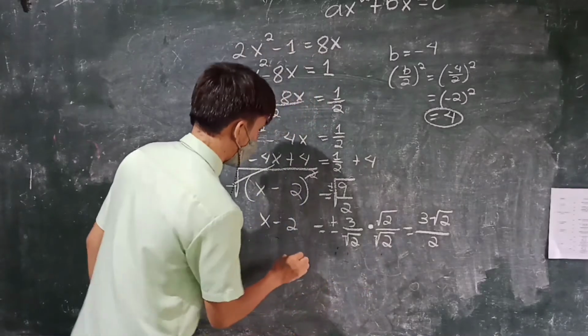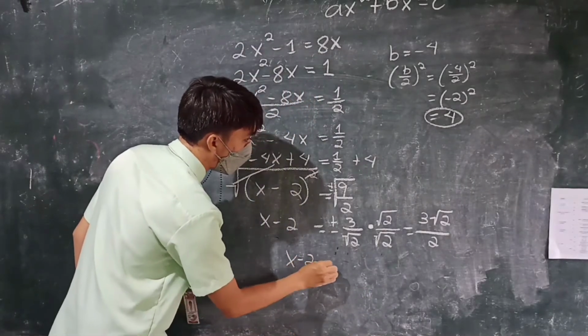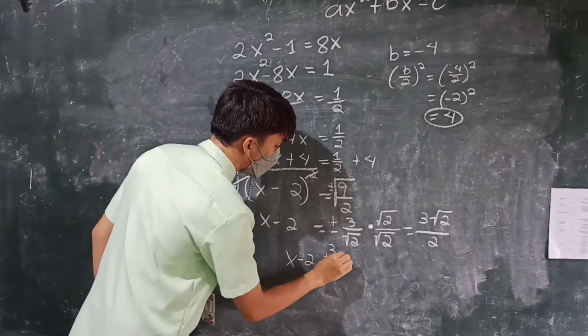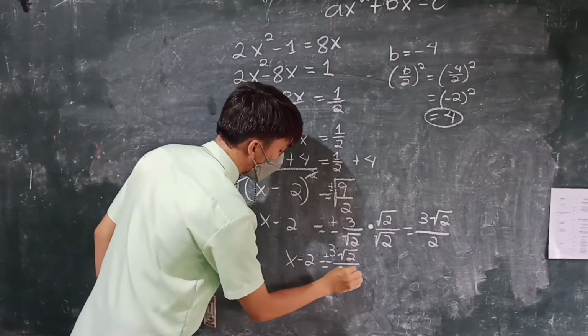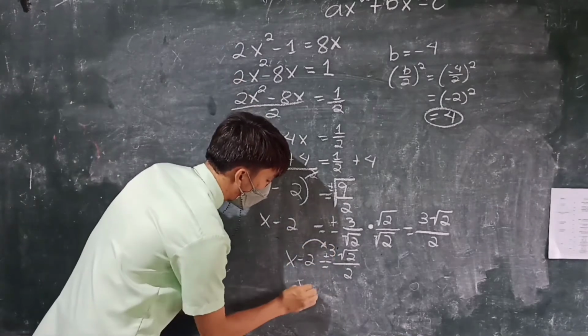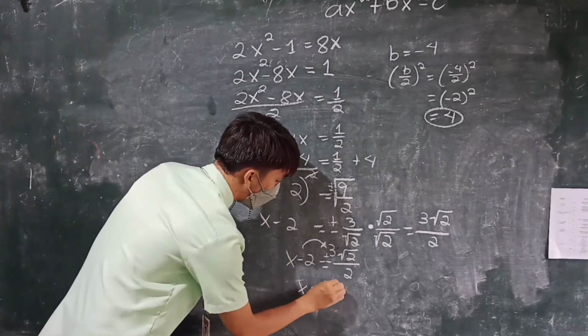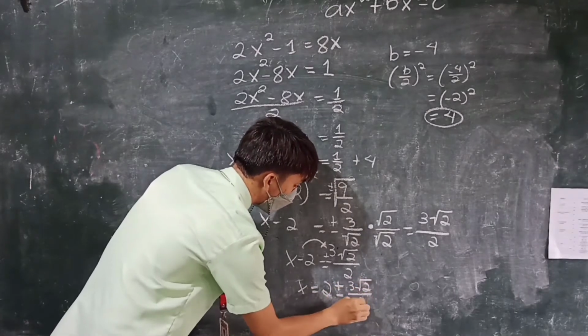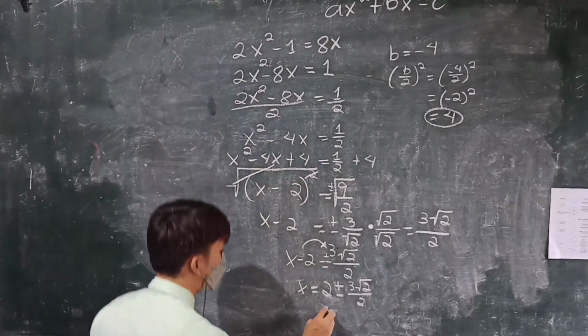So here, we have x minus 2 equals 3. Don't forget the sign, positive, negative 3 square root of 2 over 2. Then transpose negative 2 to the other side. So you have x equals positive 2 plus or minus 3 square root of 2 over 2. So we have two values of x.